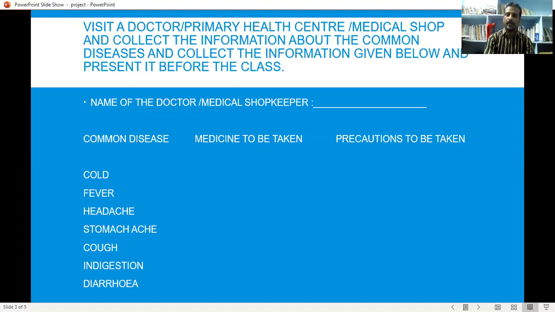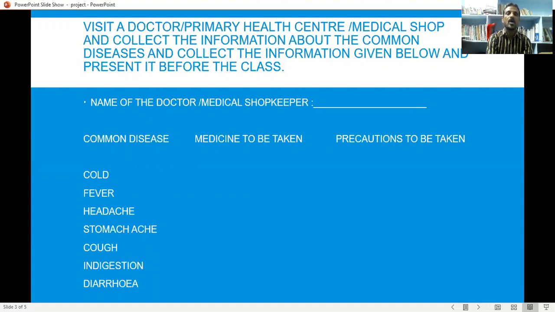And for instance, as mentioned in your unit 3, you have to make a project on common diseases and medicine taken for the diseases, besides precautions to be taken. So, what is the process you have to follow?